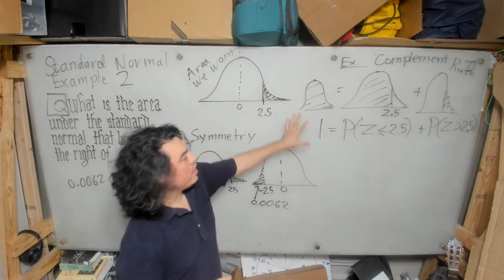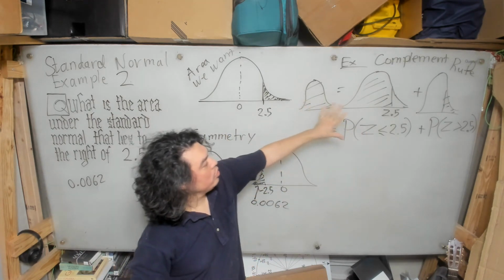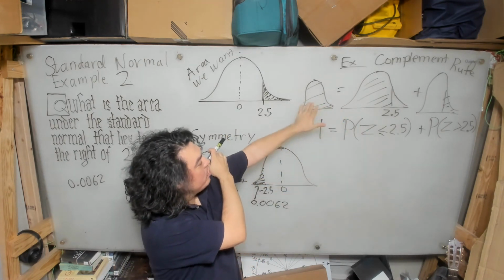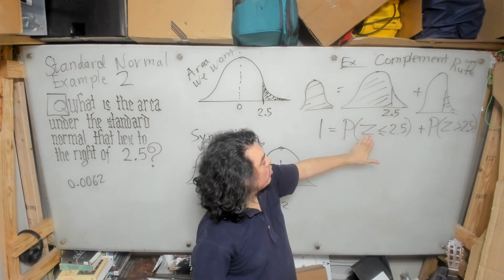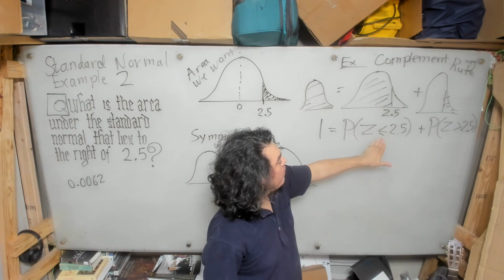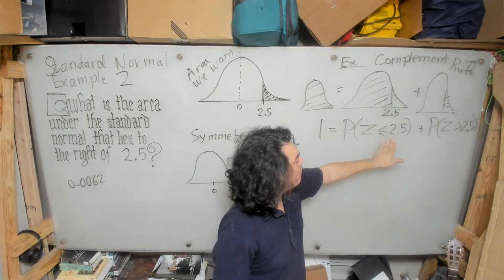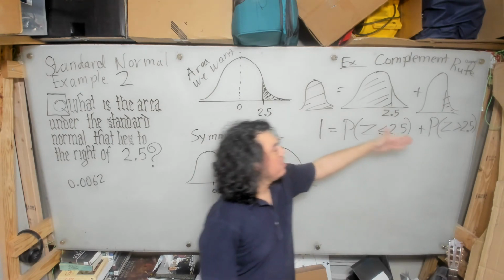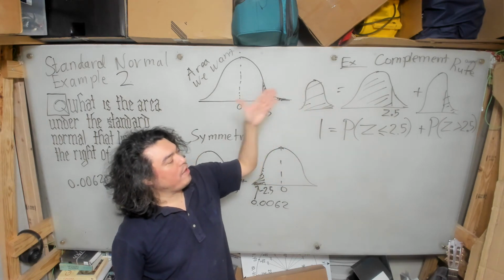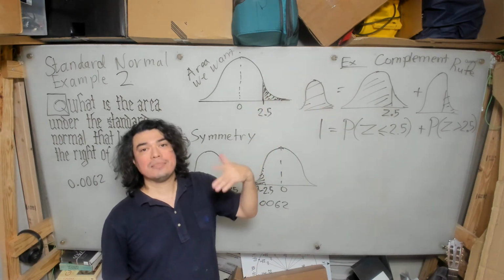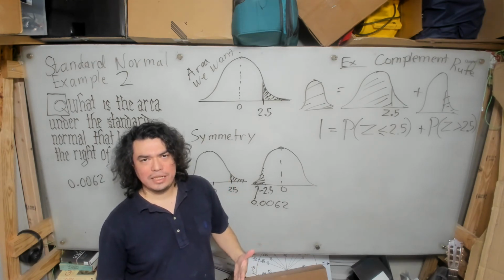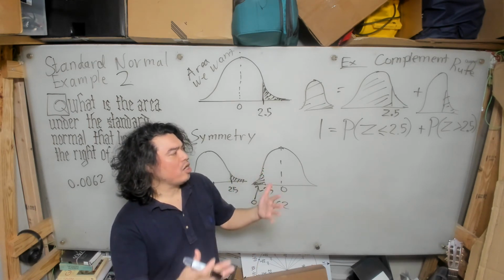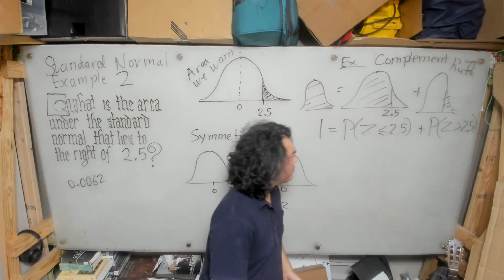So I can interpret this visual drawing in the following way. The area under this curve is 1. The area under this curve corresponds to the probability that the standard normal will achieve a value that's less than or equal to 2.5, and that one is the probability that the standard normal will achieve a value greater than 2.5, or that some experiment modeled as a standard normal random variable will take on a value that's greater than 2.5, okay?